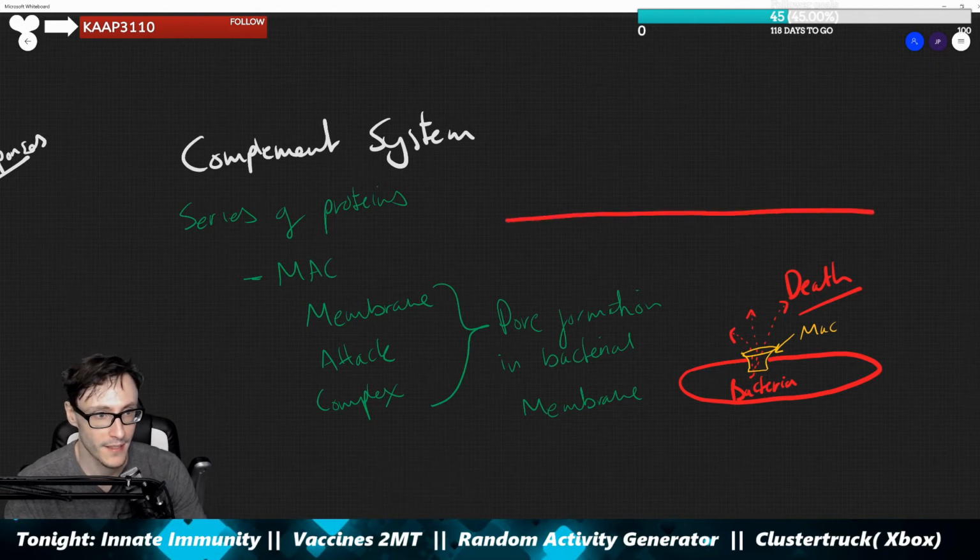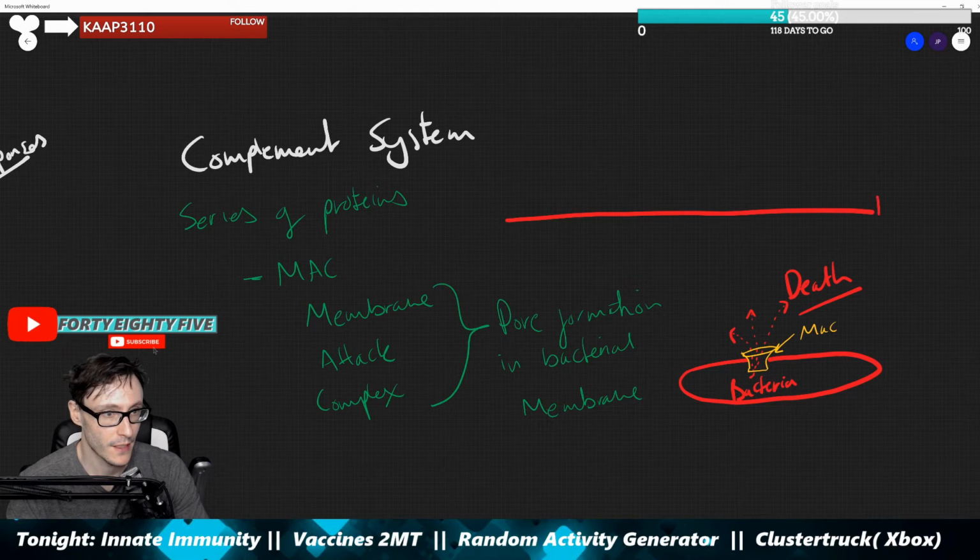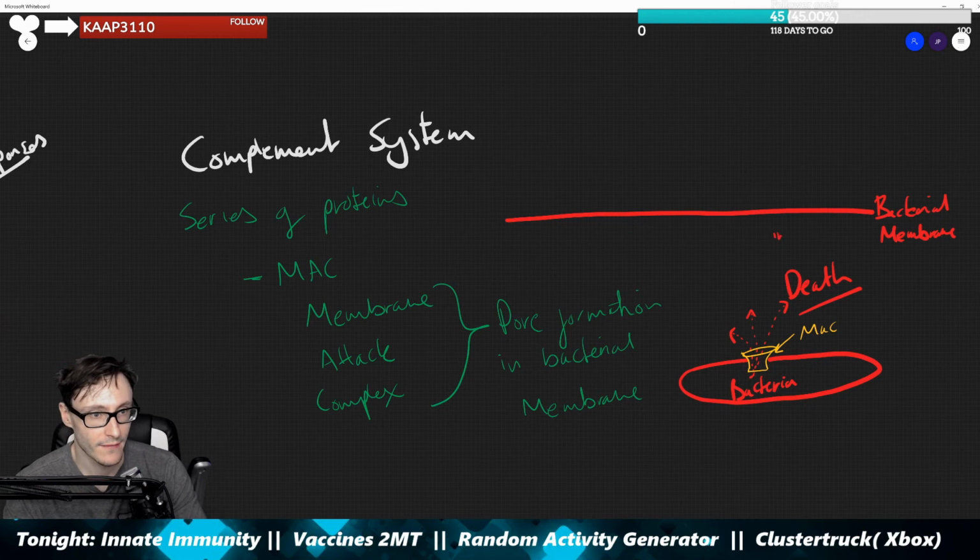So if you imagine this is the bacterial cell surface, the membrane, and this is inside, this is outside. You have two classical triggers, if you like. There is a third trigger, but we won't go into what it is.